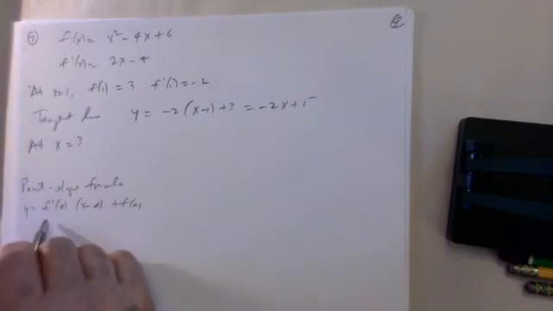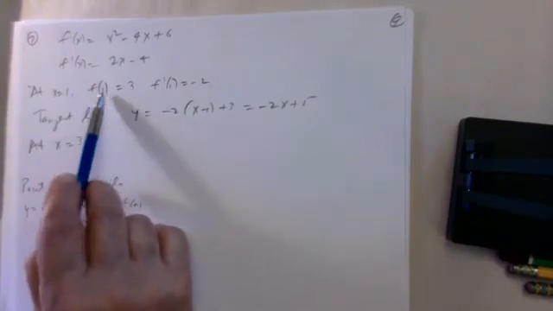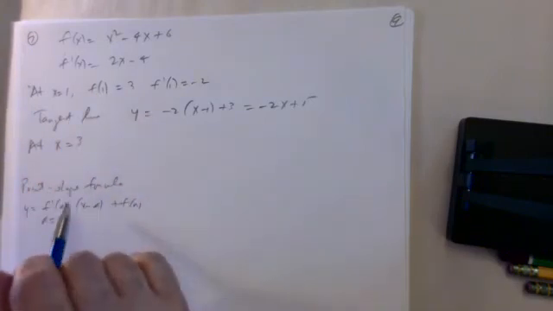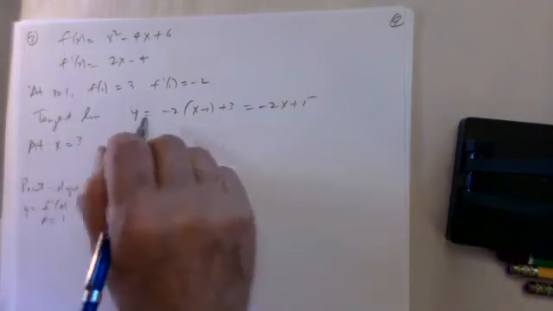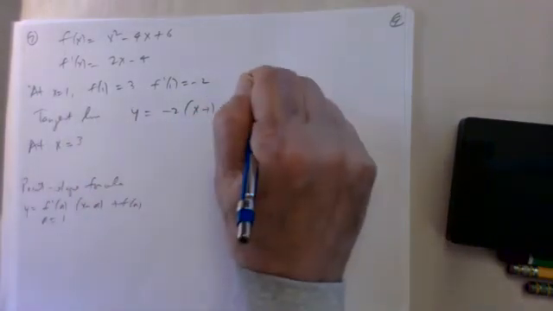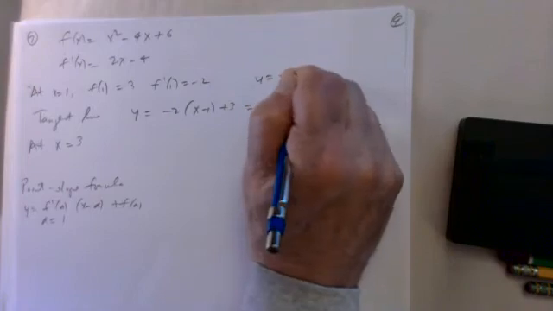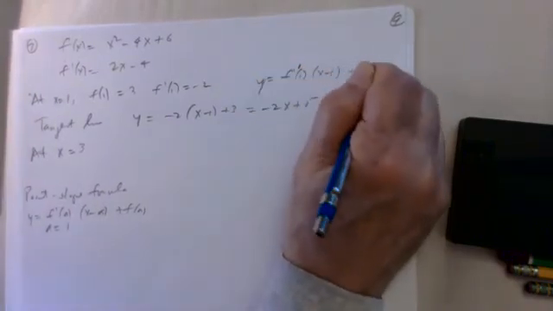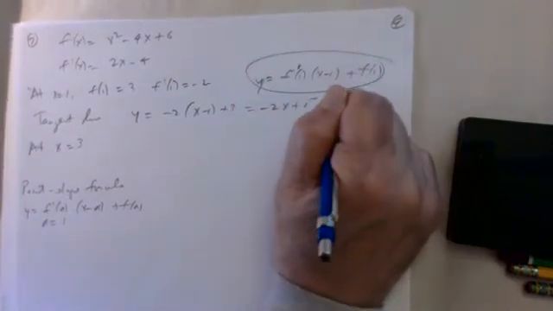And in this case, a is equal to 1. You're finding the tangent line to the curve at x equal 1. So it's y equals f prime of 1 times x minus 1 plus the value of the function at 1. That's this.